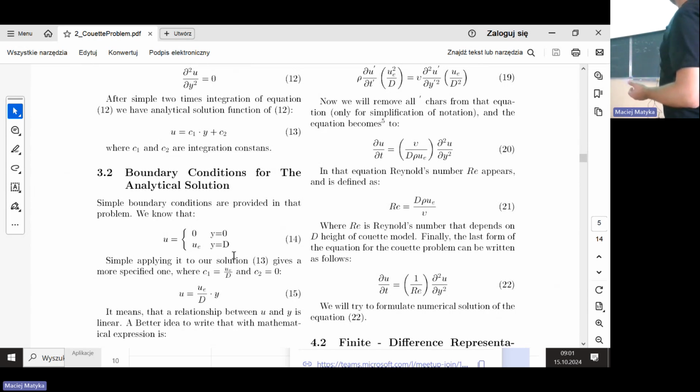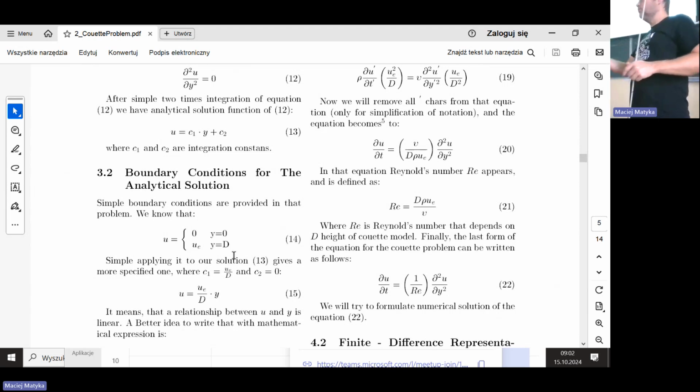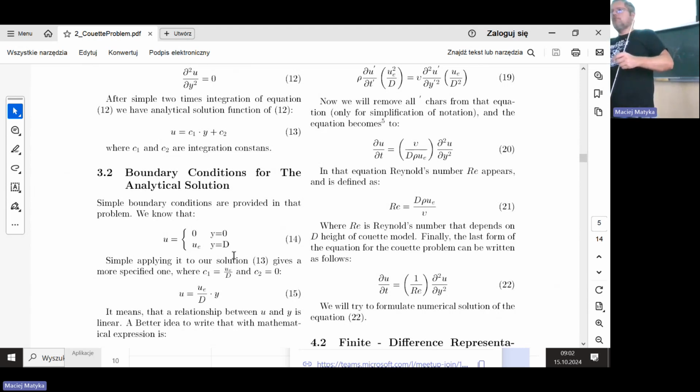Basically the Reynolds number is dependent on many factors. For instance, the viscosity is here in the denominator. What does it mean? If viscosity goes down... you know what viscosity of a fluid means. Physically, if the fluid has a high viscosity, it's highly viscous, like oil or honey, which flows very slowly.